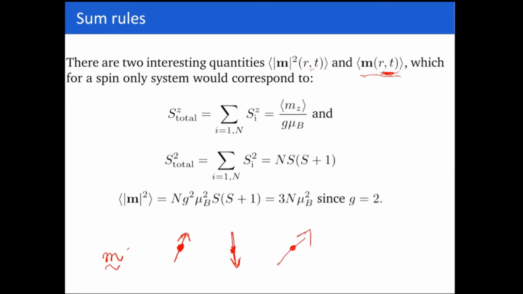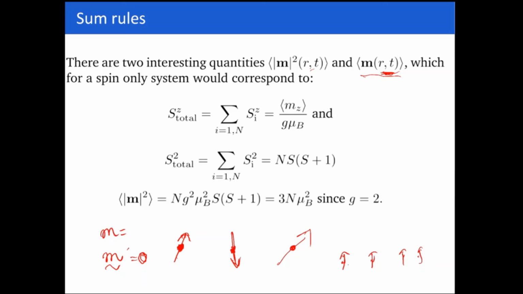If there's no order in the system, of course, then the average m would be 0. So if we had a ferromagnet and we went above Tc, then m would be 0. And when we went into the ordered state, if we had a spin a half system and all the spins lined up in the same direction, we'd get a well-defined value for our m.